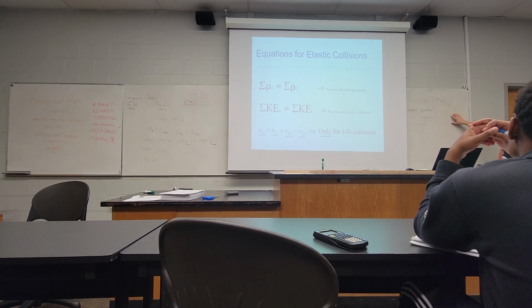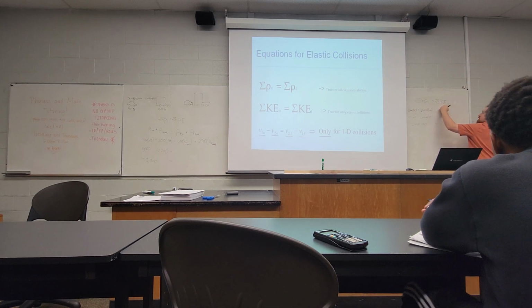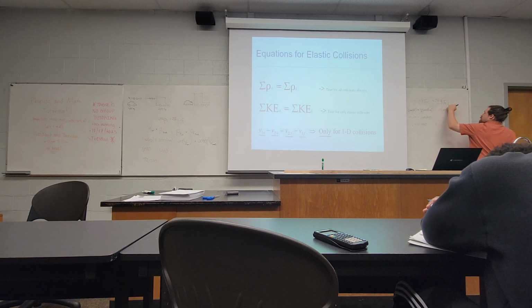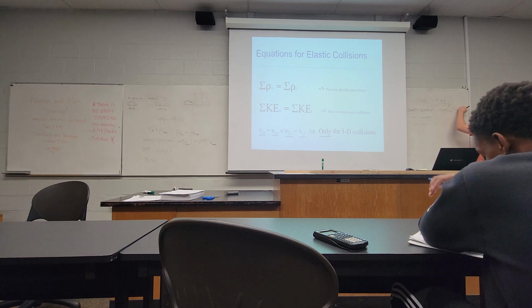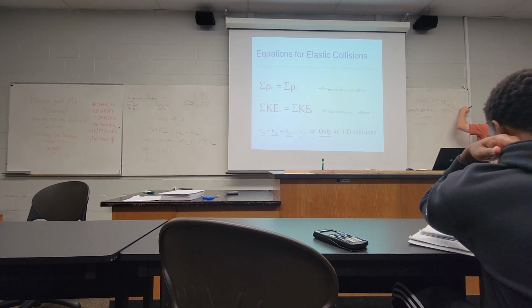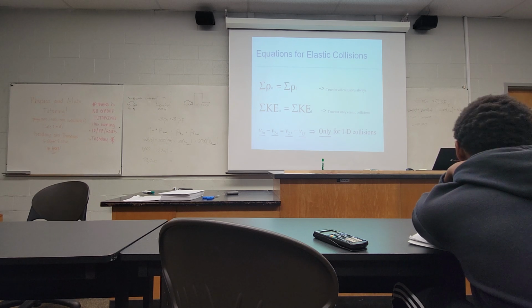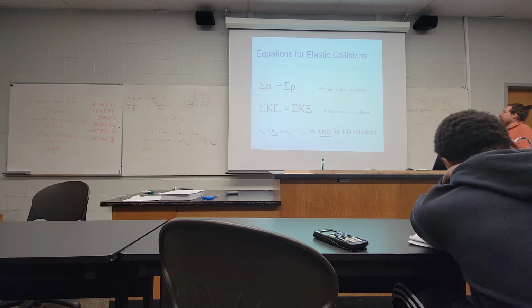So on the final side, 1/2 times the same mass times the car's unknown final velocity plus 1/2 times 2,000 times the truck's unknown final velocity. Now those are both unknowns, so we can't really simplify those parts very much.